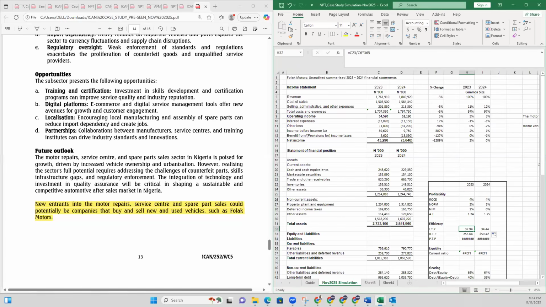Please take it again. You're too fast. Return on capital employed. Net operating profit margin. Net income margin. Asset turnover.